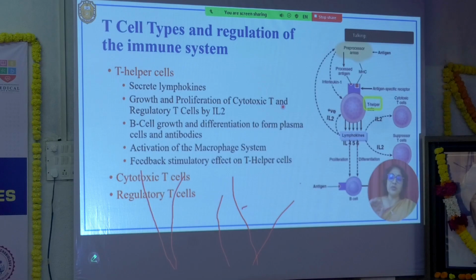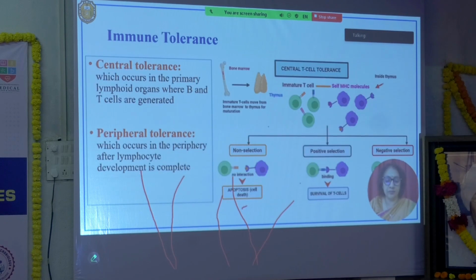This is an important role in limiting the ability of the immune system to attack a person's own body tissues, called immune tolerance. We'll discuss this in the next slide.